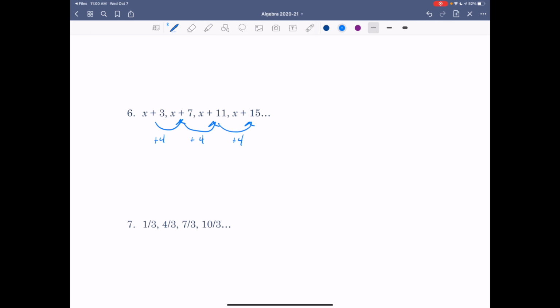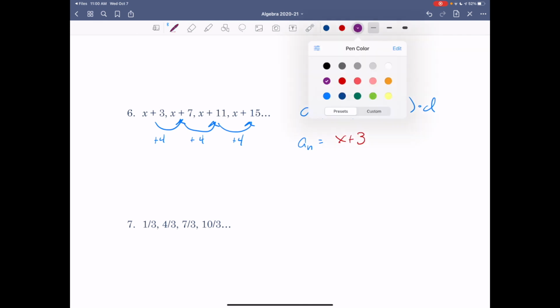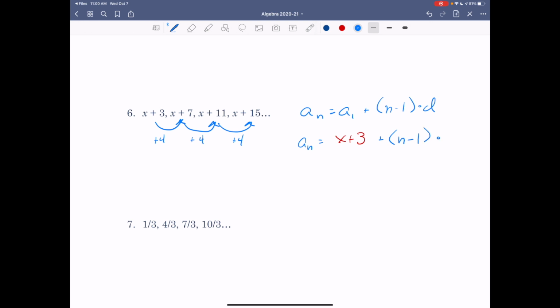If you think about it in terms of the explicit definition, it should actually be a little bit simpler here. So a sub n is just the nth term, of course. What's the a sub 1 right now? x plus 3. n minus 1 just always stays n minus 1. What did we say the common difference was? 4.